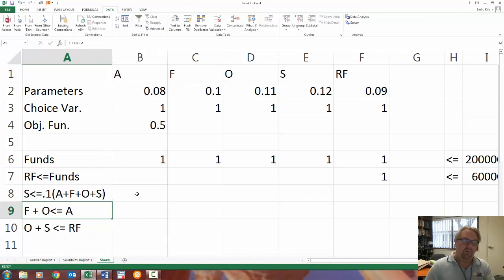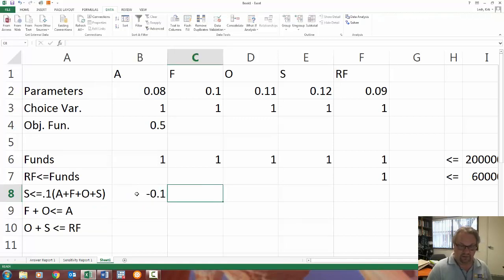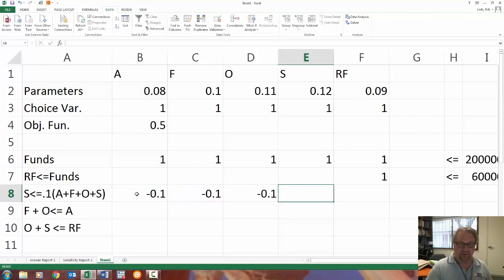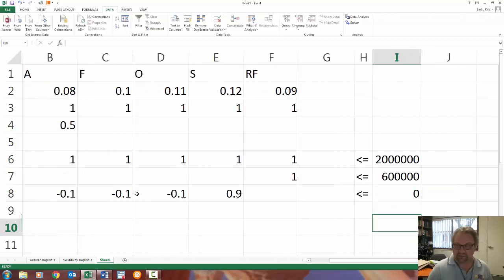If I move everything over to the left-hand side, I'm going to get this: negative 0.1 for automotive, negative 0.1 for furniture, negative 0.1 other, and then I did that wrong, positive 0.9 for signature, and that has to be less than or equal to 0.